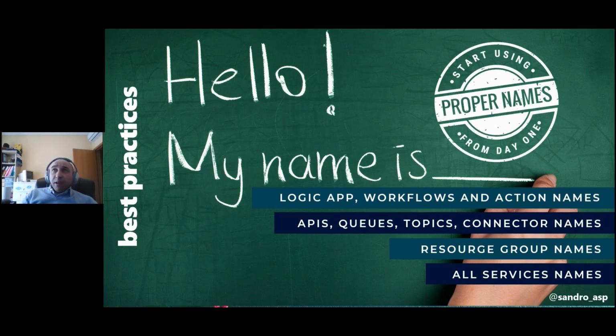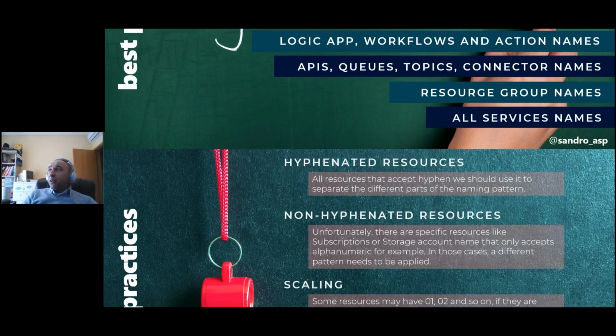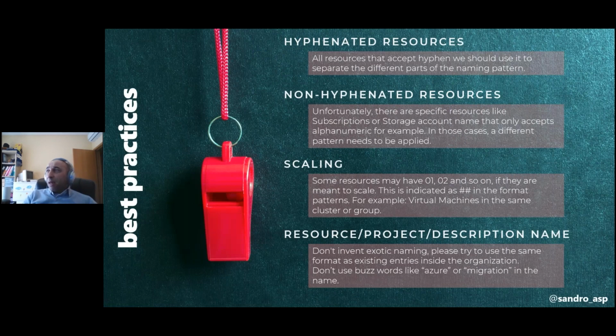So implement some strategy for services, whether divided by hyphens or non-hyphens, because in some cases different resources have different restrictions about names. Think about how to scale, for example in VMs, you can put 01, 02, and so on. Add a prefix for resource, project, and descriptions, all of these.